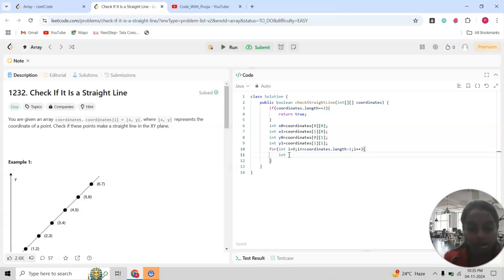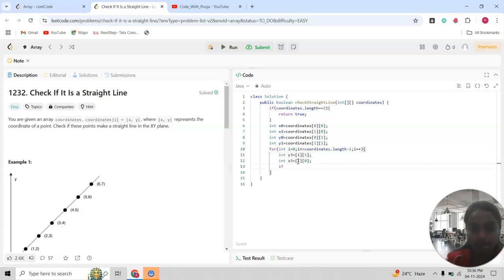Now I am creating another x3 and y3 to represent the third coordinate. So x will be the first element, which will be index i and 0, and y will be the second element.